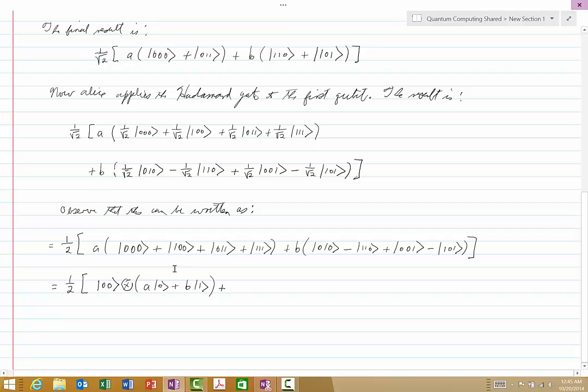Again, that's the first term and the seventh term. Now we could have |01⟩ tensor product with (a|1⟩ plus b|0⟩).